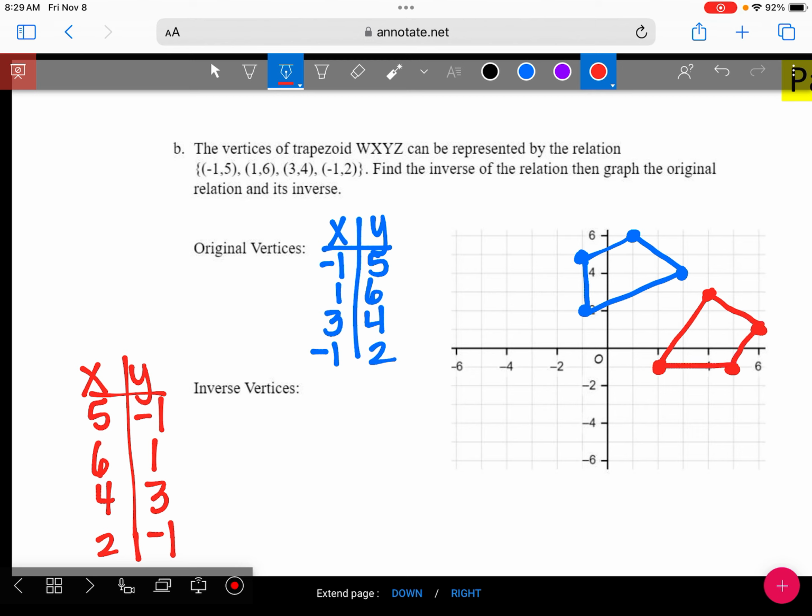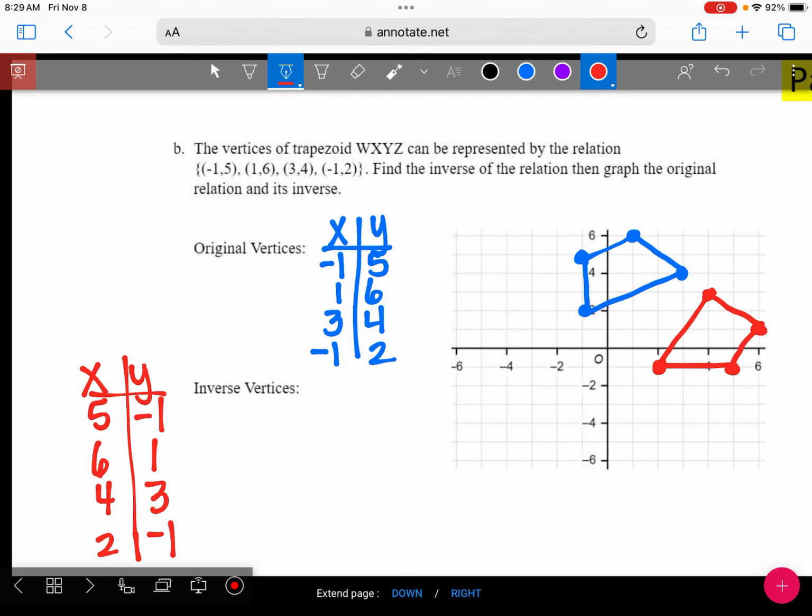And it should look like a reflection of each other. All right, we have one more for today and then we'll be finished.